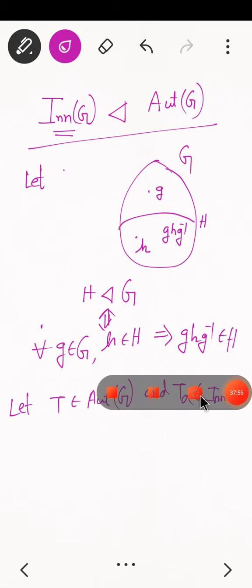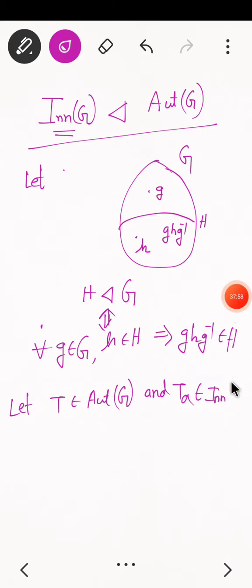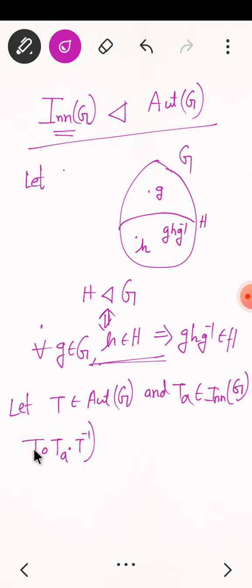So we show that T composition T_a composition T inverse is also in Inn(G). By the necessary and sufficient condition, T composition T_a composition T inverse of x equals T of T_a of T inverse x. By definition of T_a we get a T inverse(x) a inverse.